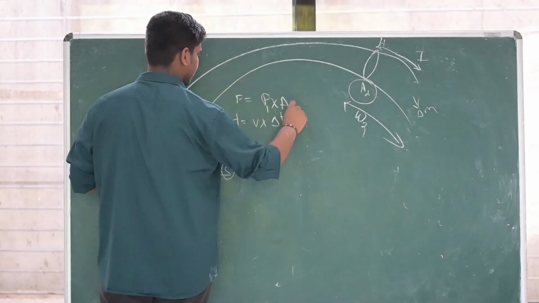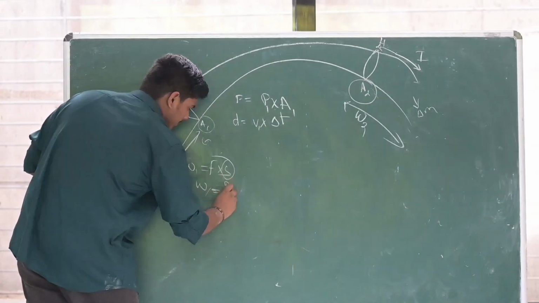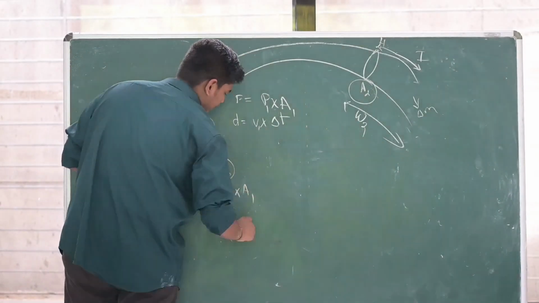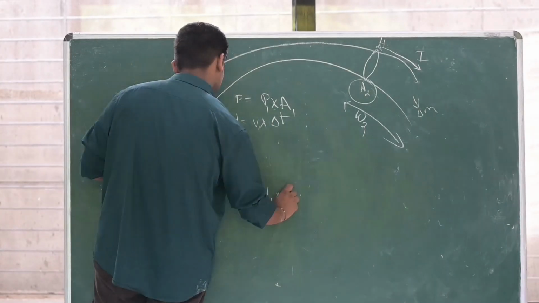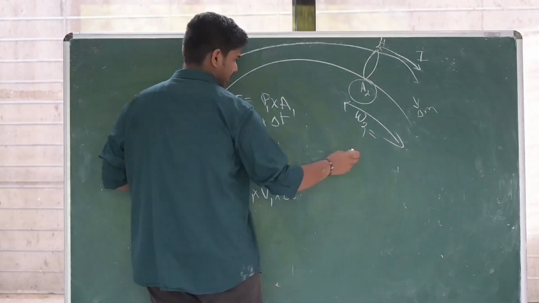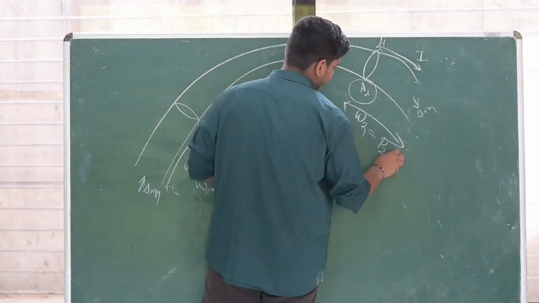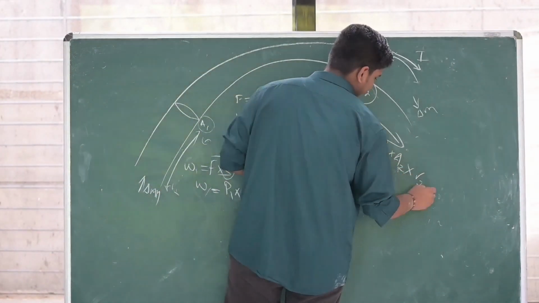Let this be P1, A1, V1. Okay? Then what will be the work done? P1 into A1 into V1 into delta T. And similarly, W2 will be P2 into A2 into V2 into delta T. Okay?